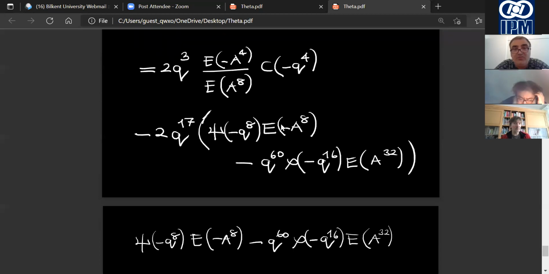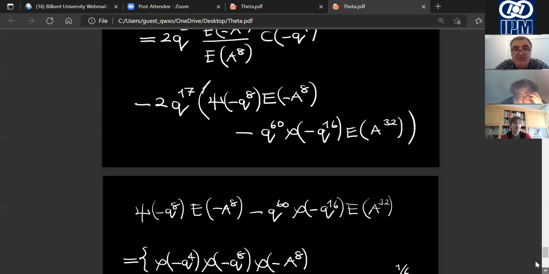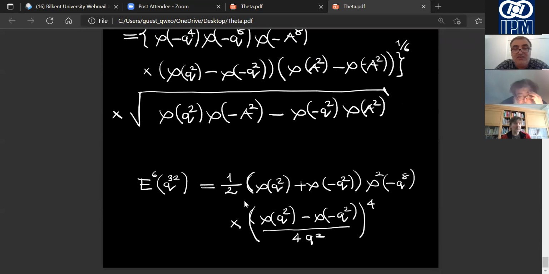For example, to simplify this expression here, I need to look at the 6th power of this term and this term. The reason I look at the 6th power is because of this, and when I try to express q to the 32 in terms of smaller arguments, I need to use theta function identities.